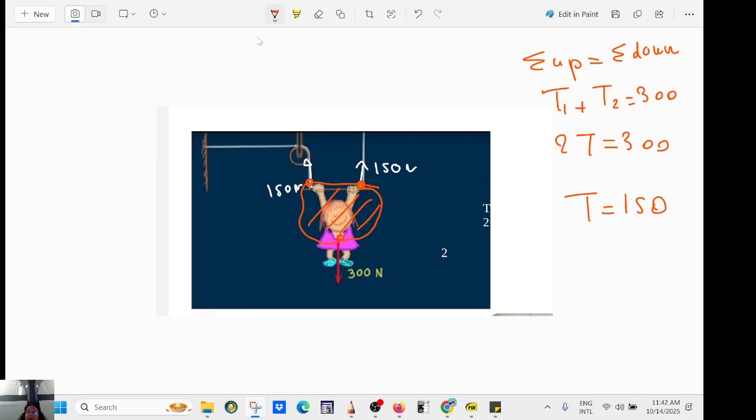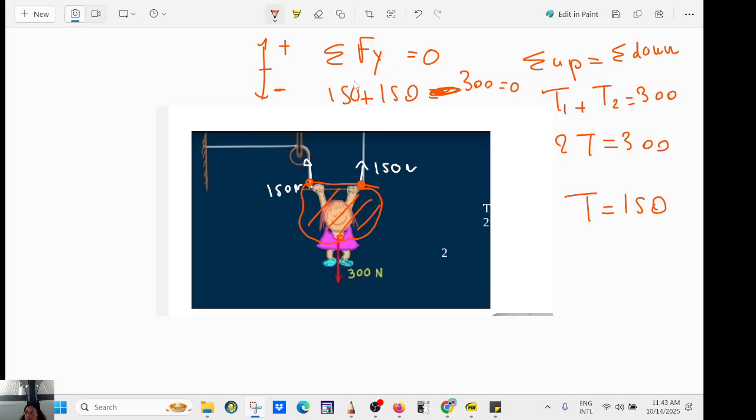Now, if you don't like my way, then yes, you can say up is plus and this is minus. So you're going to have the sum of the y component equals 0. So this component is positive. This component is positive. And the y component will be negative. So minus 300 equals 0. It's a good question, actually.